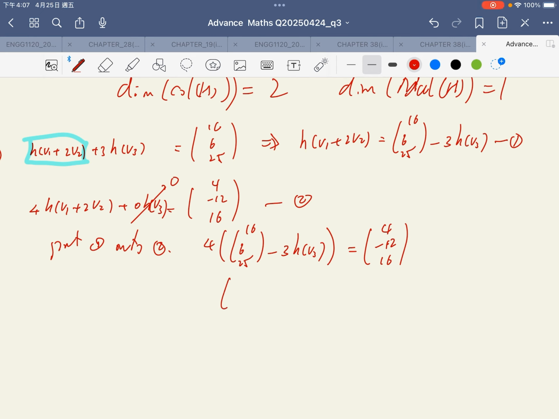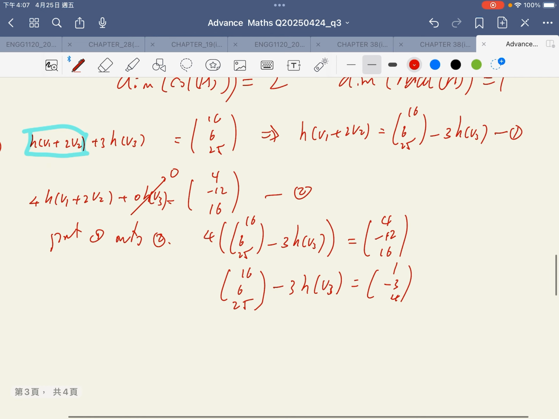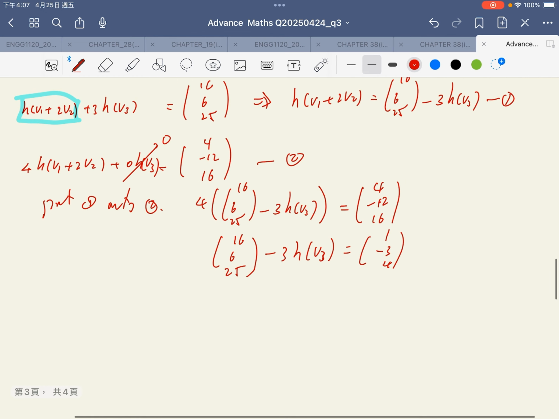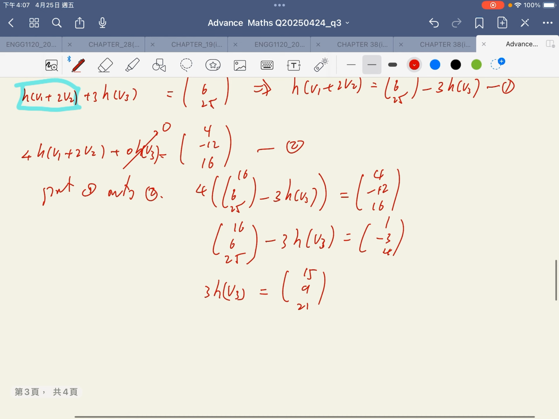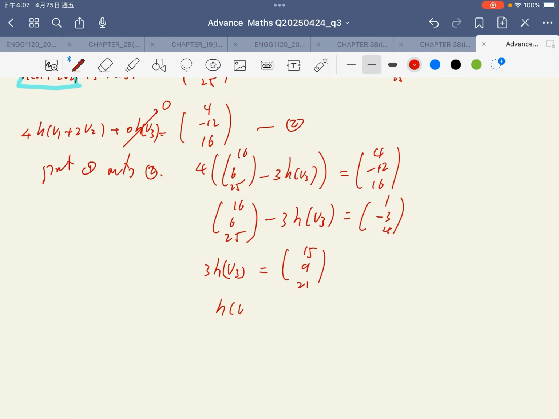Let me see. Yes, 16, 6, 25 minus 3 H V3 equal to (1, -3, 4). And change the subject here: 3 H V3 equal to (15, 9, 21), and divide both sides by 3: (5, 3, 7).